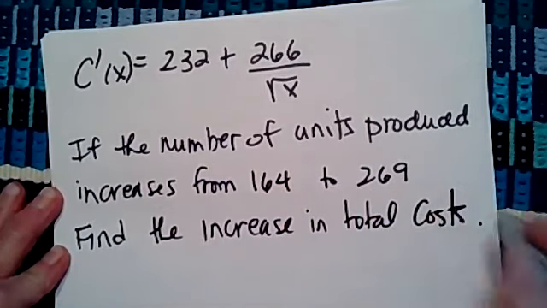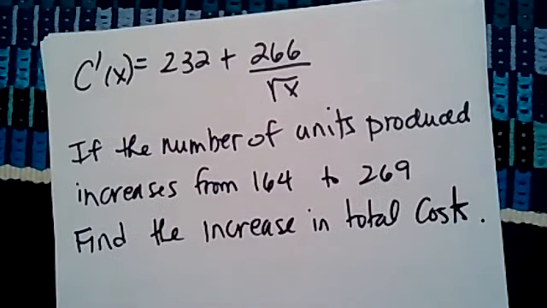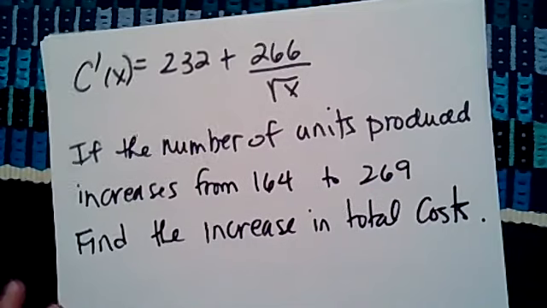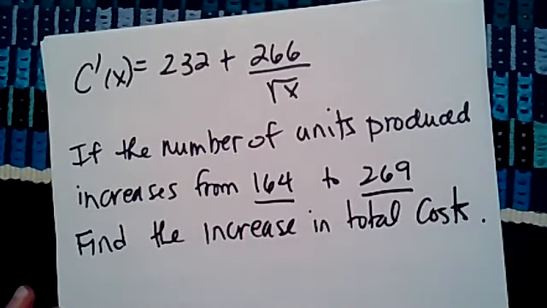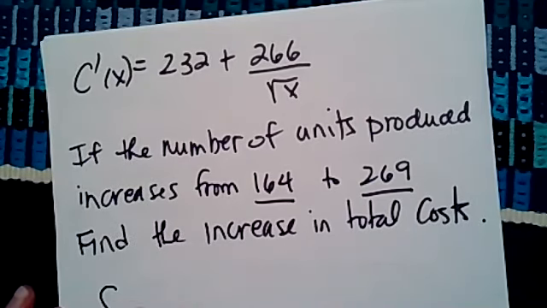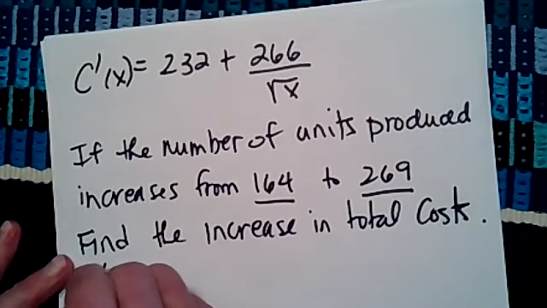Okay. So instead of integrating our function from 0 to a number, what are we going to do? We're going to integrate it from 164 to 269. Okay, so we'll set up our definite integral, always the smaller number on the bottom.